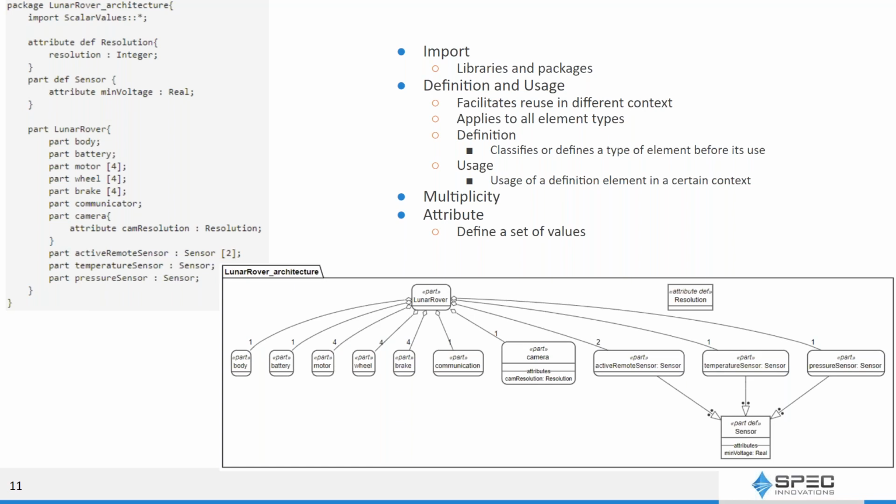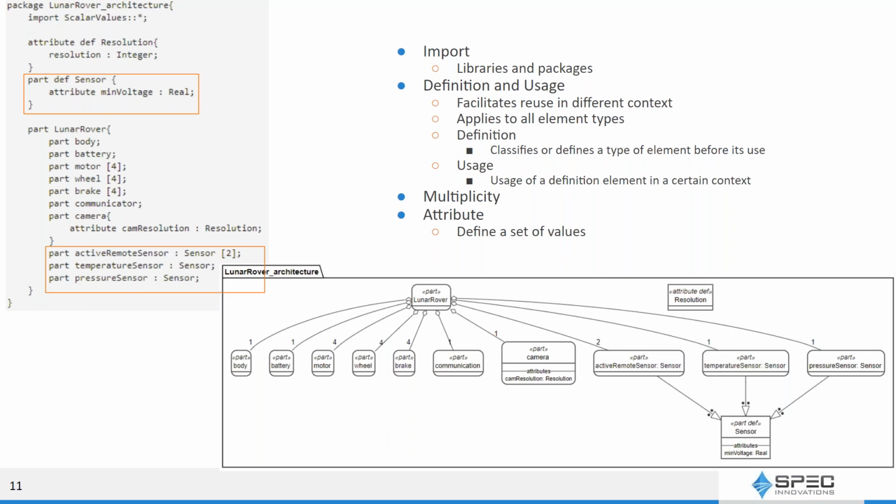Definition elements classify or define a type of a certain element before its use, and a definition may have nested owned usage elements called features. The orange rectangle highlights the part def sensor, which has a feature attribute called min voltage of type real. This is used further down in the part decomposition.